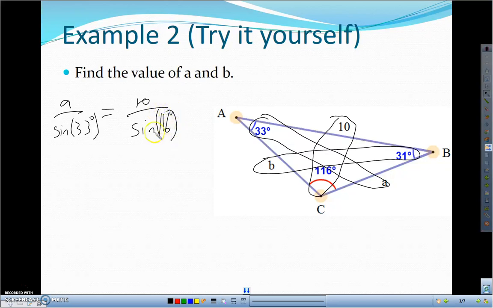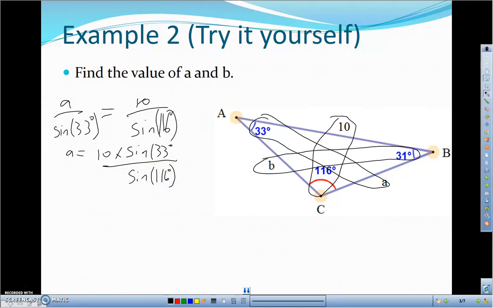So a is equal to 10 times sine 33 degrees divided by sine 116. And if we use our calculators, we're going to find that a is approximately equal to 6.06.